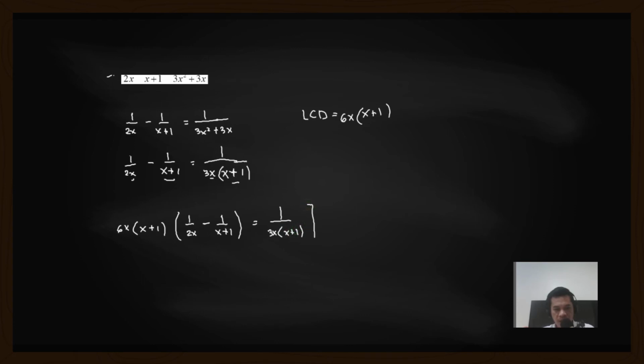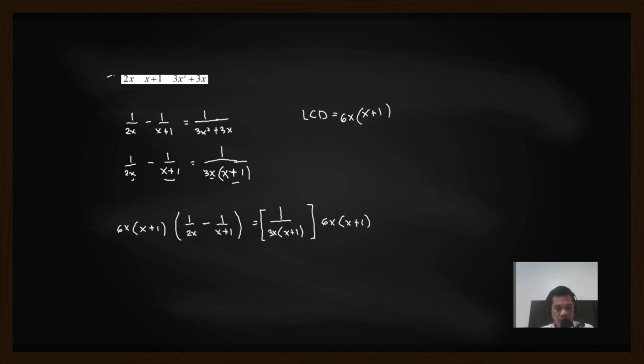And then we use the bracket. It's because we already used the parentheses inside. Okay, and then our LCD, 6x times x plus 1.